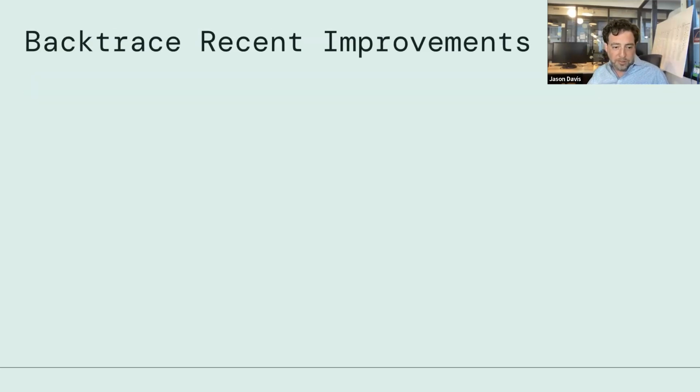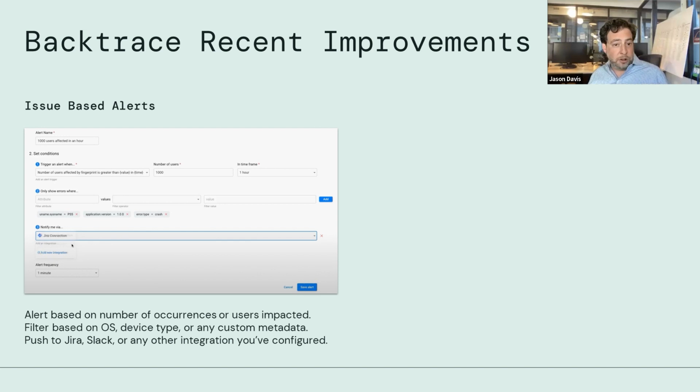Some recent improvements for Backtrace are around alerting and ease of use. If you're a user today, or a new user, you'll start to see some of these capabilities first. When errors occur, we want to make sure that the teams are responsible for deciding when they need to be alerted. Not every error is impactful.